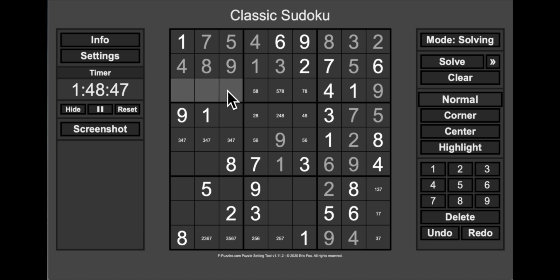Box 1, still going to have a 2, 3, 6 set here. Now the only thing I can get rid of from that set is not 2.